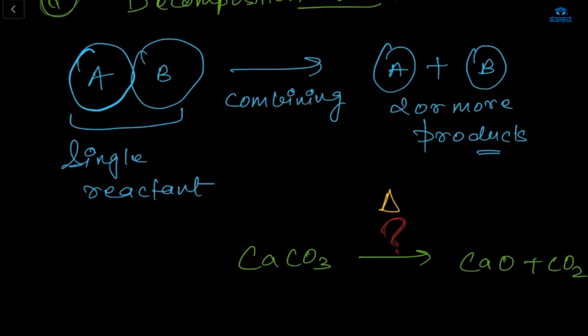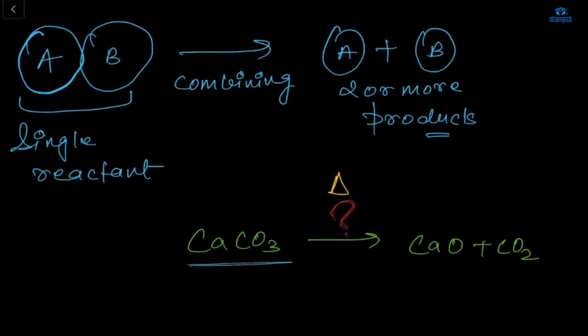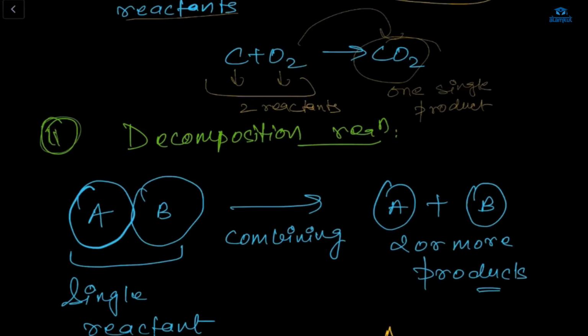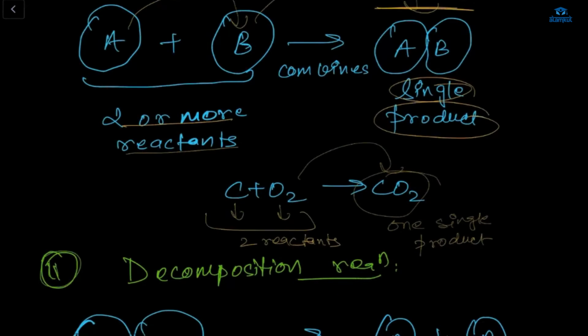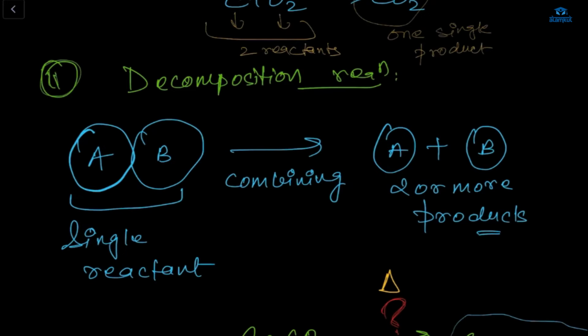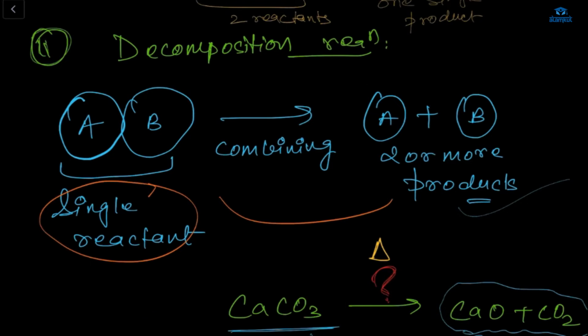If we take this example, then CaCO3 is forming 2 products, which are CaO plus CO2. It's just the opposite of the combination reaction. Here the single reactant breaks into 2 or more products. Got it? Easy or tough, Navya? Yes, I understood. Okay, good.